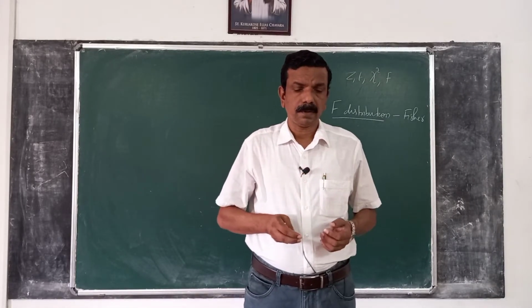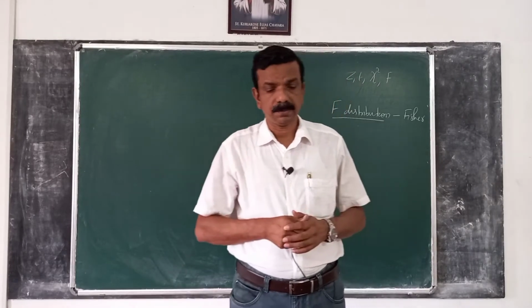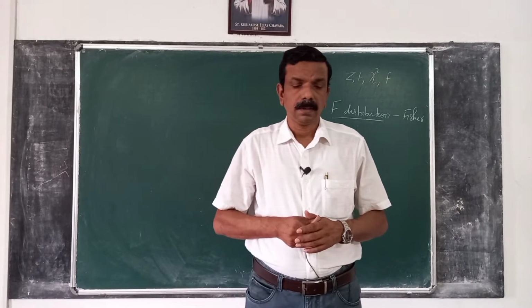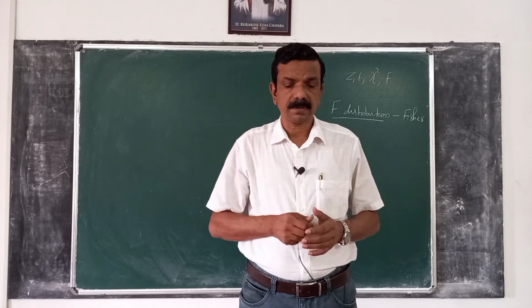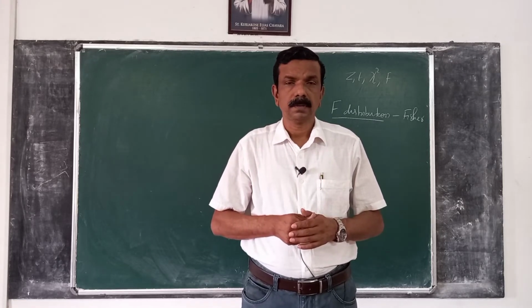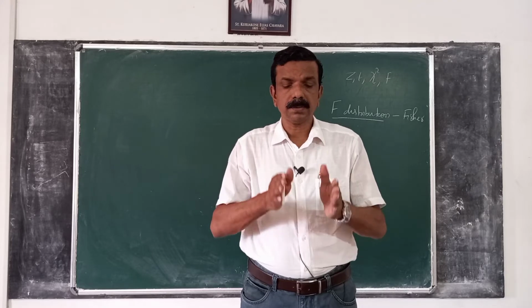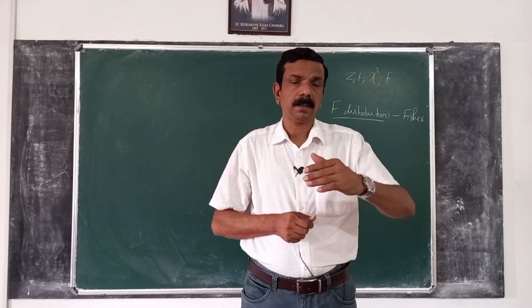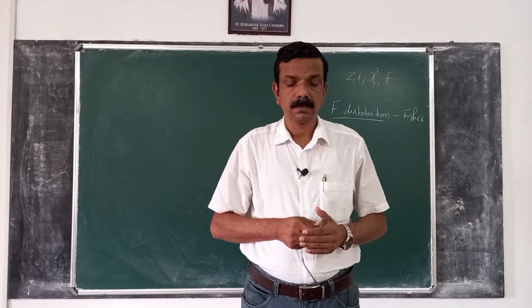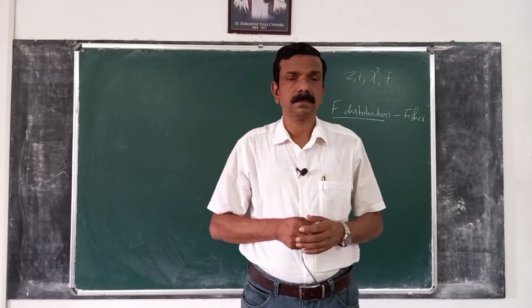Now let me formally define what an F distribution is. A variable is said to have an F distribution if its distribution has the shape of a special type of right skewed curve called an F curve.